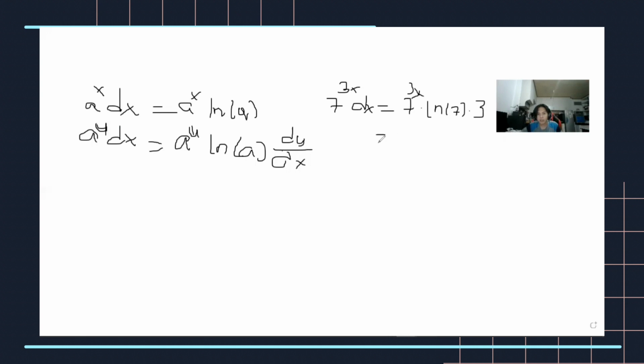So the final answer, or the derivative for this equation, would be 7 raised to 3x times 3 ln of 7. Okay, so that's all for exponential.